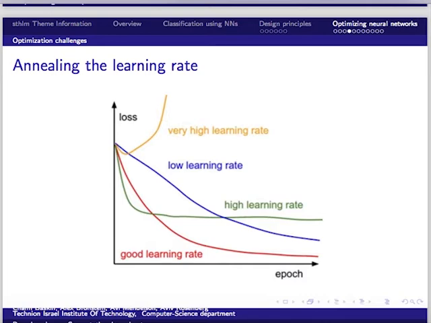You talked about getting a good local minimum. How do I know I can get a good one and not just some random one? Look, in a well-defined problem, your training loss should be near zero.